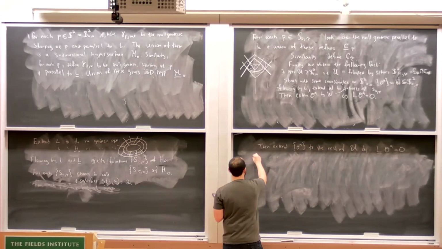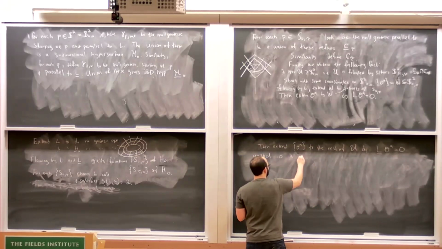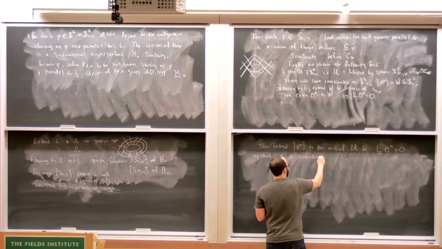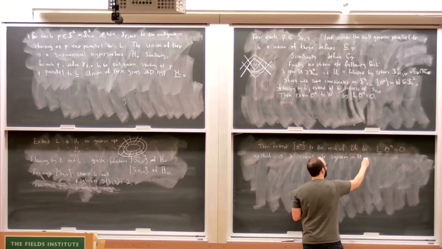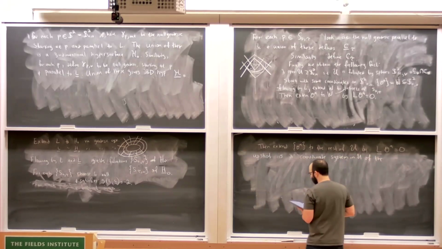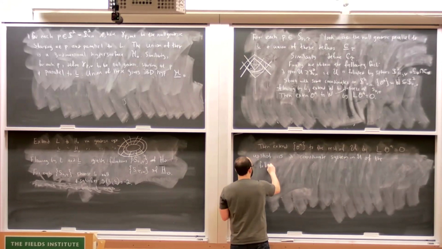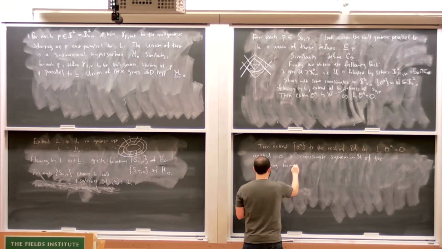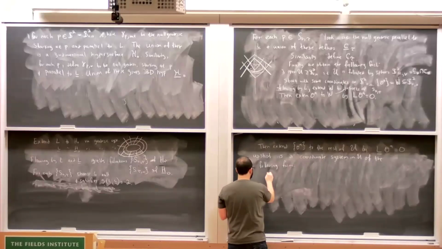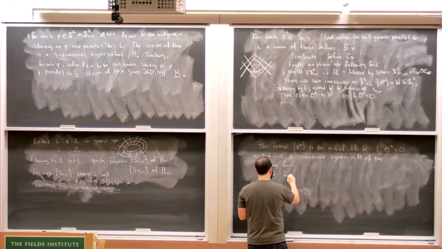And so what's the upshot? The upshot is a coordinate system in U of the following form. Different normalizations here, but all right, so we'll put -2 omega squared du dv.